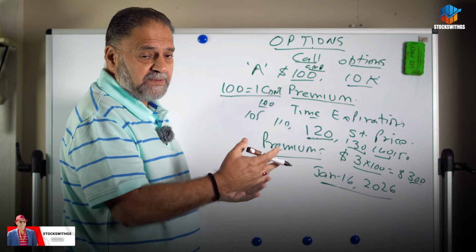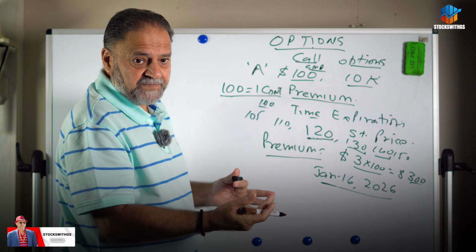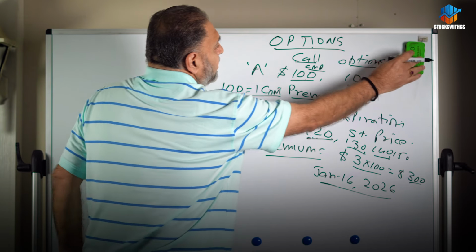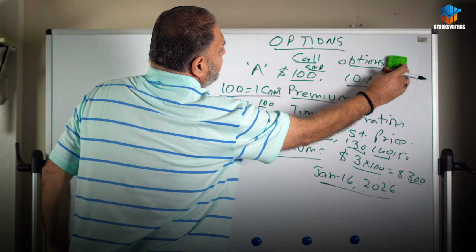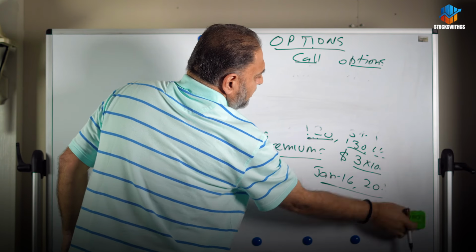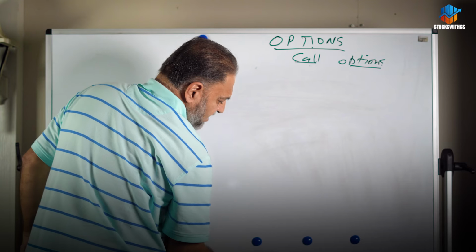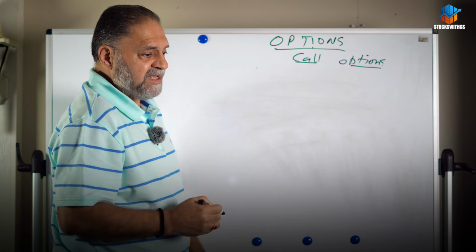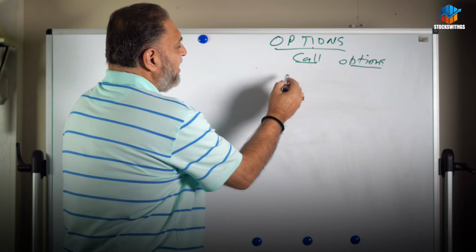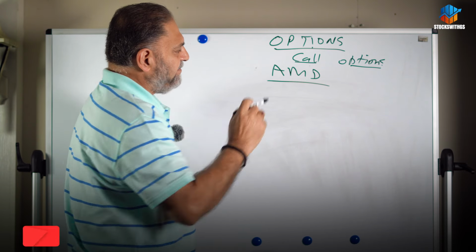So they buy a call option. I'll explain it to you with an example, okay, of a real stock. And that's the actual deal I did, and I'll explain that to you. Okay, there is a stock called AMD, because you will understand it better.